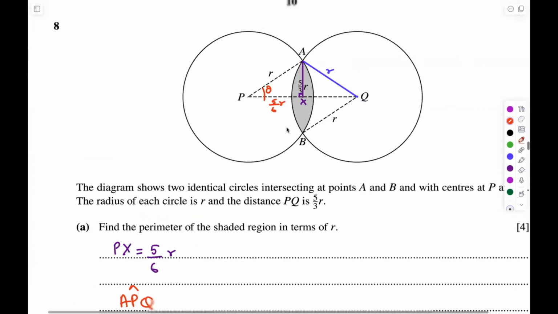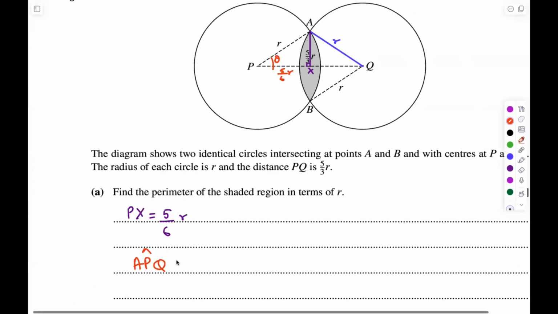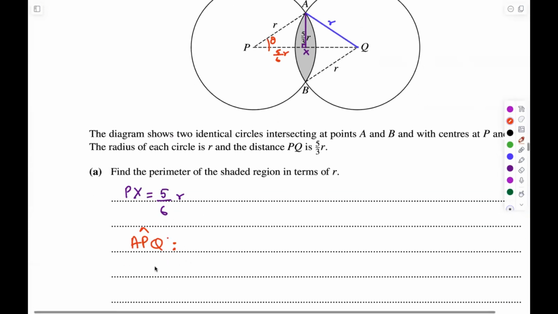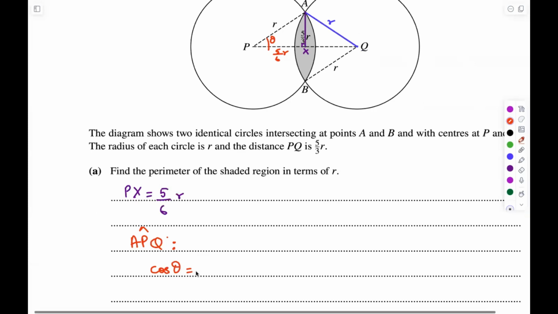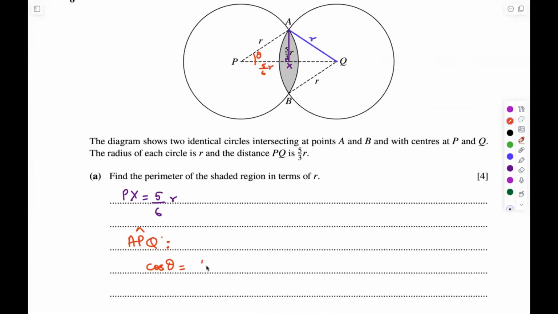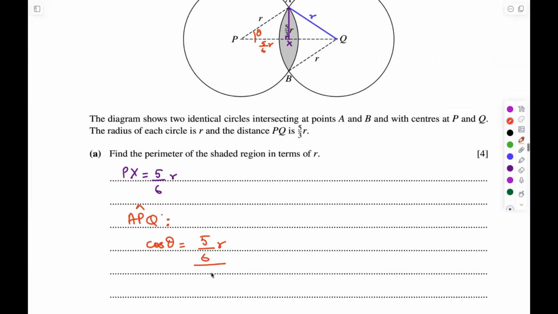As it is adjacent to the angle theta, we can use cos. So cos theta will be equal to the length PX, which is 5/6 R, upon the hypotenuse, which is R. So R and R will cancel out, taking cos inverse of 5 divided by 6, this will be 0.58568.